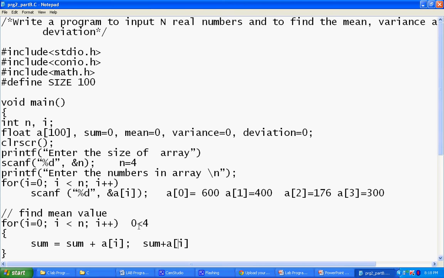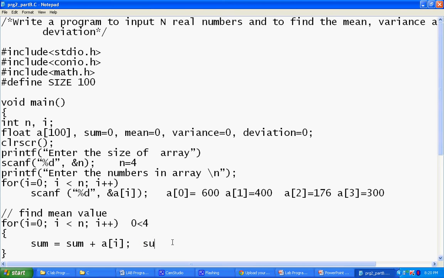Then in this it goes for finding the value of sum, which is 0 here, plus a of i, that is a of 0. A of 0 here contains the value 600. As we entered the value 600 in the first one, 0 plus 600 will become 600. The value 600 is going to be stored in sum. So the present value of sum is equal to 600.